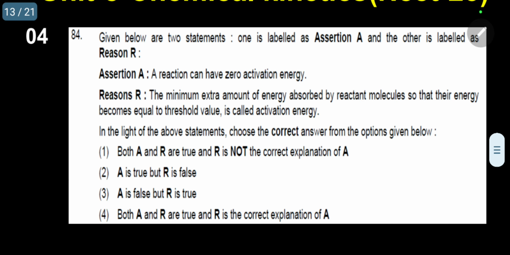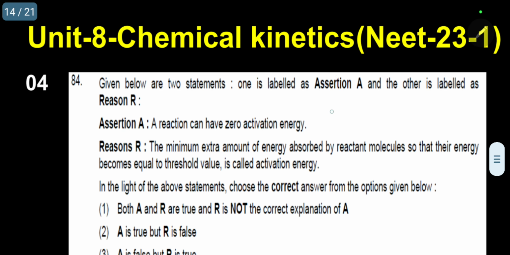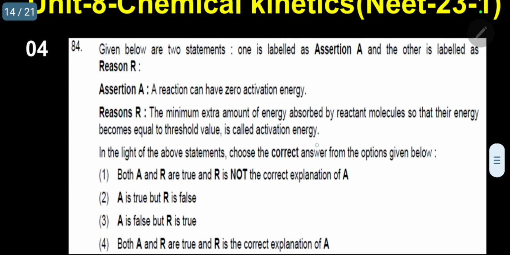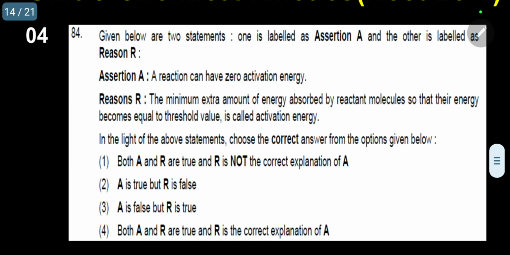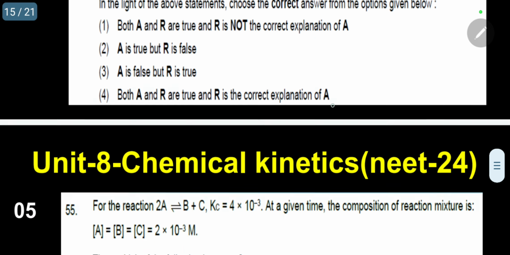Both A and R are true and R is the correct explanation of A. Kindly follow. Both A and R are true, the statements are correct. But the explanation given in R is not the correct explanation of A. This is the correct answer.